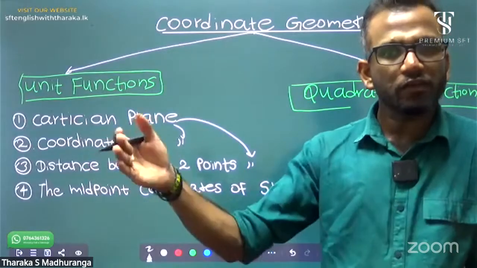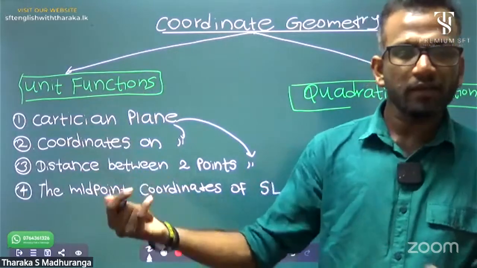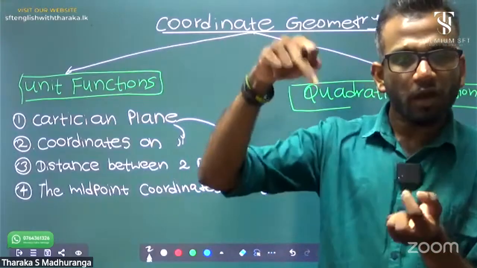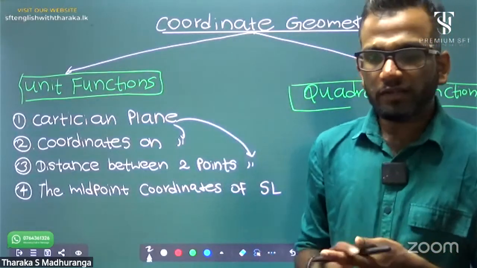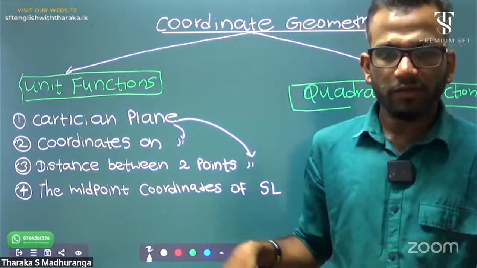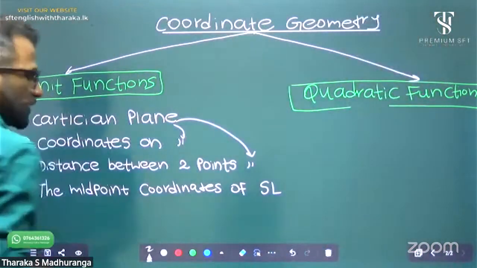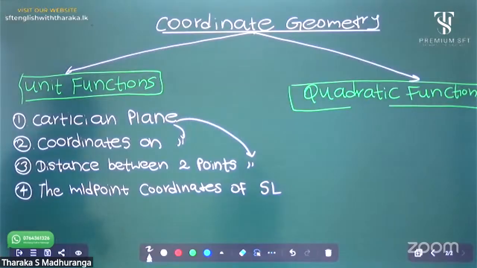The third topic was how to get the length of any straight line on a Cartesian plane. The fourth topic is how to get the midpoint coordinates of a straight line.